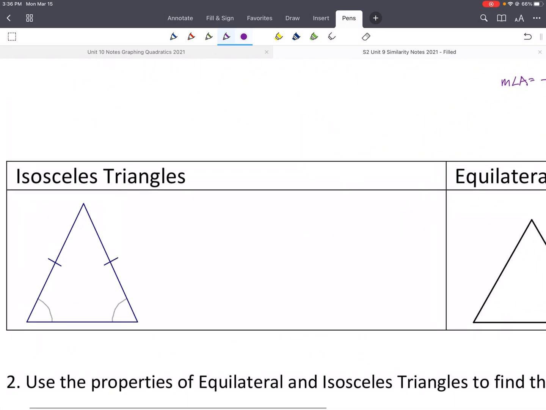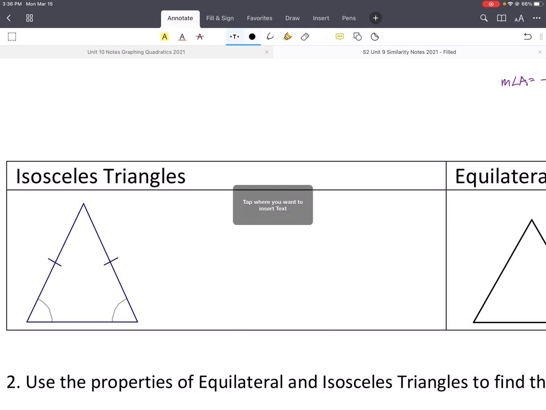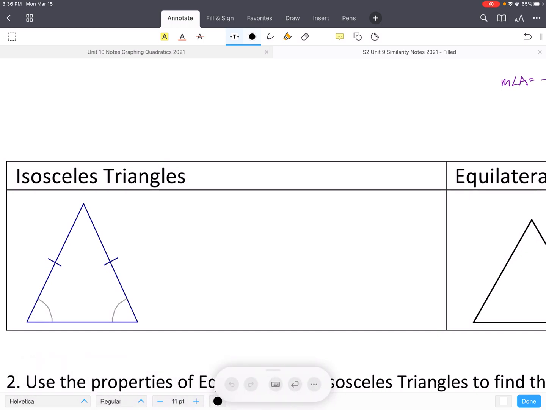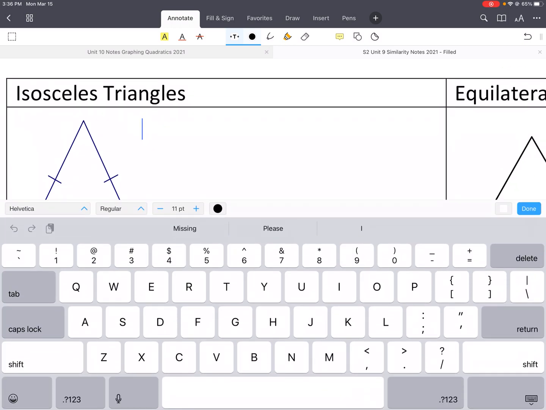Isosceles triangles. Okay? So I meant to write that down in advance, but we'll just do it right now, I guess. So we'll write this down. There we go. Okay, so properties of an isosceles triangle.